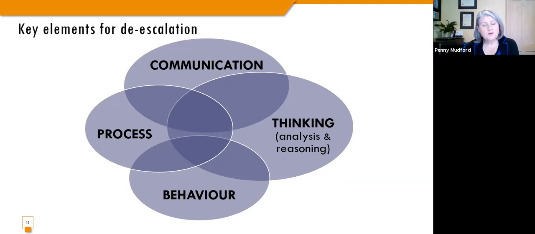So on this slide, I'm going to talk about the key elements for de-escalation. So when we understand that human interaction and, I guess, human endeavour, the tasks that we carry out, have a number of components, I've listed here 4 key components around how we function and the aspects that we bring to our work and to deliver the tasks of what we need to do.